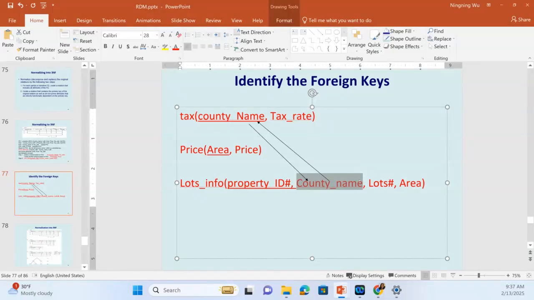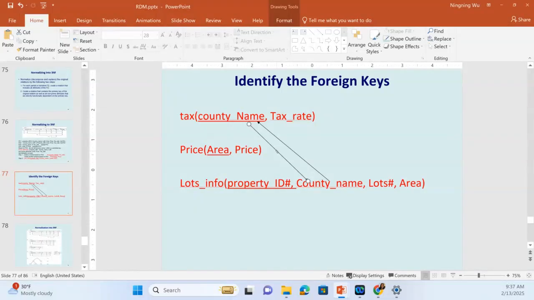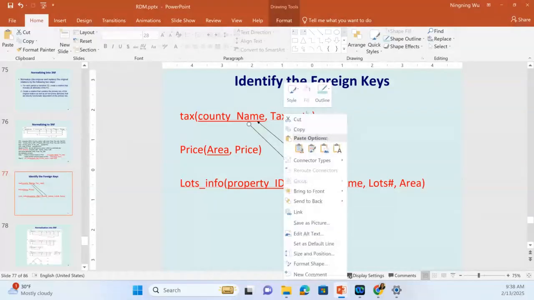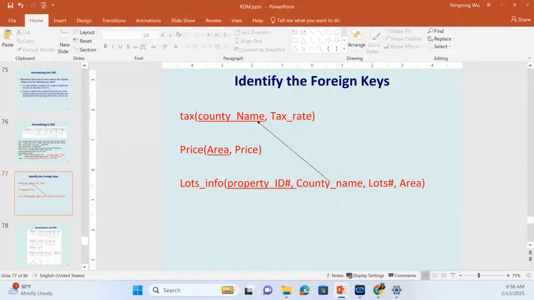It's not a primary key, and it's not a key of the loss info either. So if you draw the arc in this direction, that is wrong. The only right version is this notation: county name of the loss info points to the county name of the tax table. So then it's done for tax.